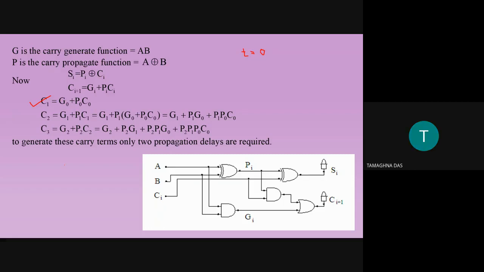Suppose the propagation delays are TP for all the gates. Somebody said 3 TP, and how much time is needed to generate the term C1?